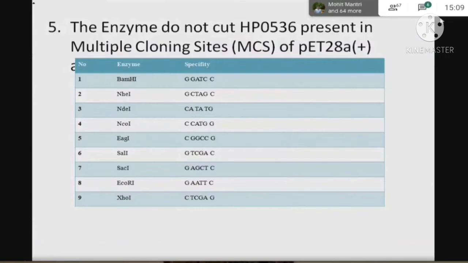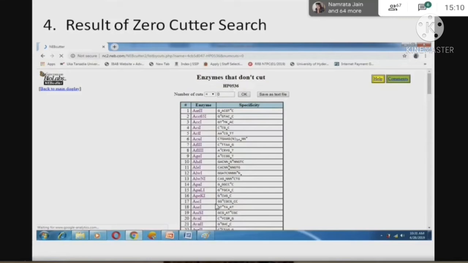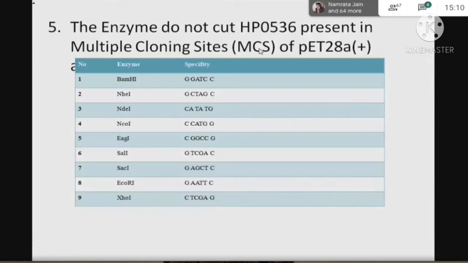The enzymes do not cut; these are the list of zero cutters, and those restriction sites are present in the MCS. Here you can see there are so many zero cutters, but you have to check whether the restriction sites present in the vector are absent in our gene or not. So you can see these are restriction sites present in the MCS but absent in our gene.